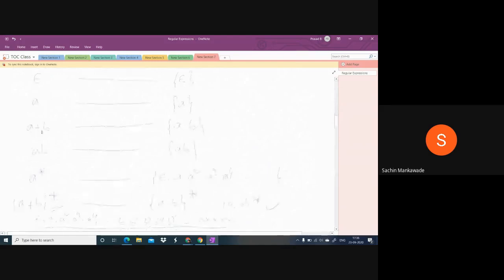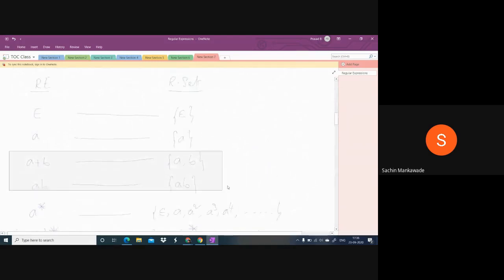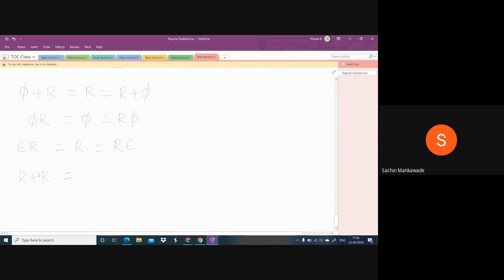This one. This is the expression, and what are the strings it can give? A and also b. So r plus r, it can give this r or this r. Anyway, it is giving r only. So r plus r is r only. Don't say 2r. Next.